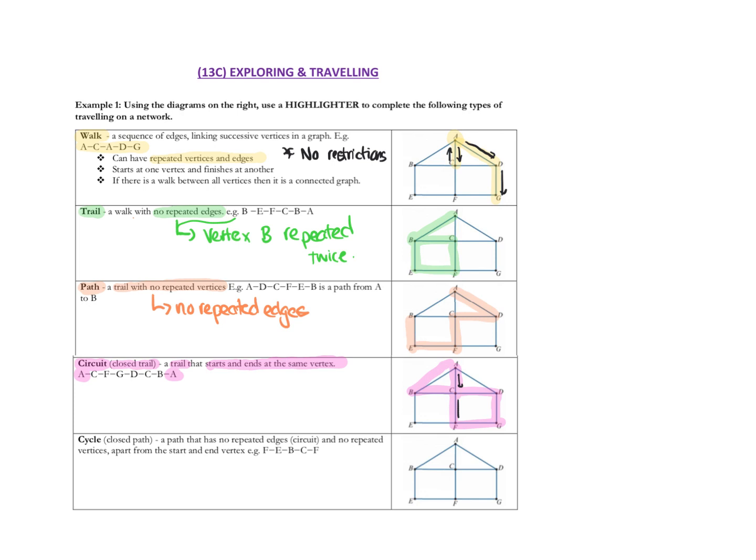So you can see we didn't repeat an edge, but remember, in a trail you can go to the same vertex more than once. And if it's a circuit, you're going to end back at the same one you started at. That's pretty self-explanatory. If you did any electrical work, you know a circuit has to be closed, so you close it off.